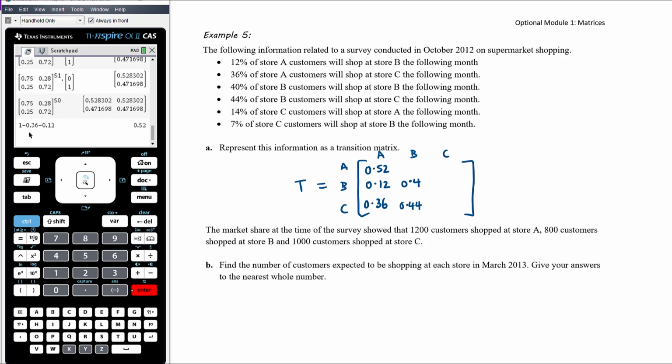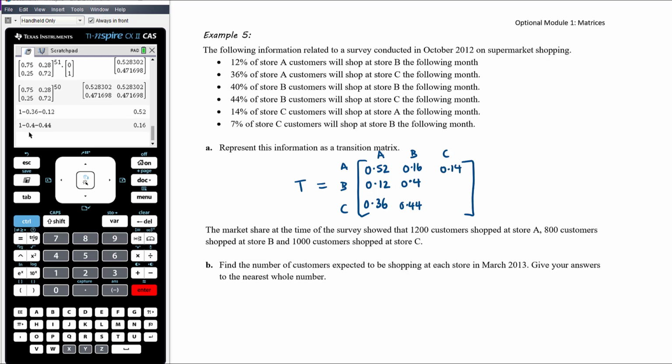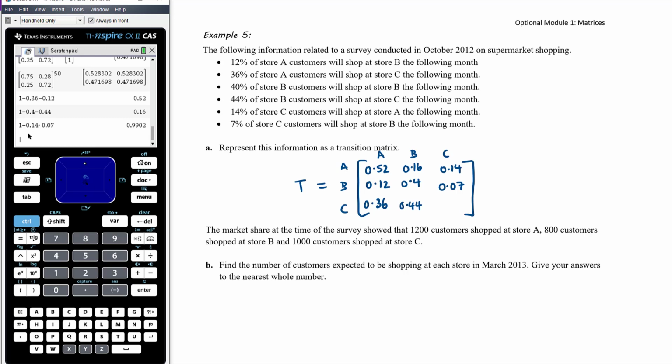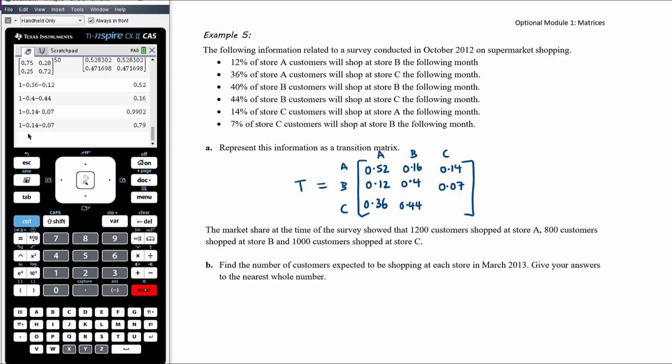So 44% will go from B to C, and therefore only 16% will go from store B to store A. 14% of store C customers will shop at store A in the following month, so that's 0.14 up here. 7% of store C customers will shop at store B, so 0.07, and therefore we can work out how many will stick with store C. They seem to be pretty loyal to store C. Sorry, I did times 0.07 rather than minus. So 0.79 remain with store C.